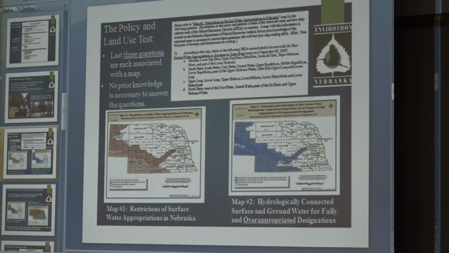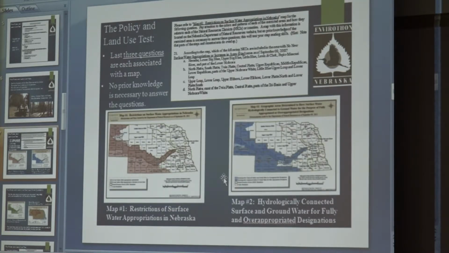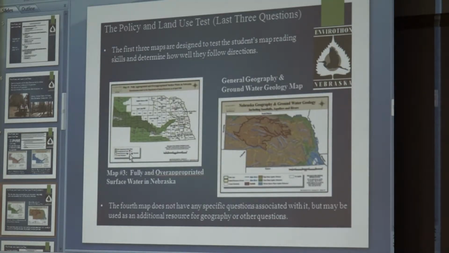Actually there are 4 maps, but 3 of them are associated with questions. There's restrictions, surface water appropriations, hydraulically connected area. Then there's one for fully appropriated surface water areas. I used to put these maps together for the publication that we put out every year. I still put the maps together, but I don't really do these anymore. There is a 4th map, which does not have any specific questions associated with it. It is just information.